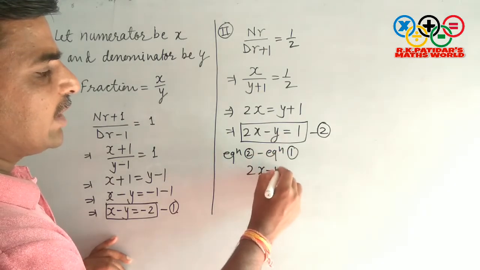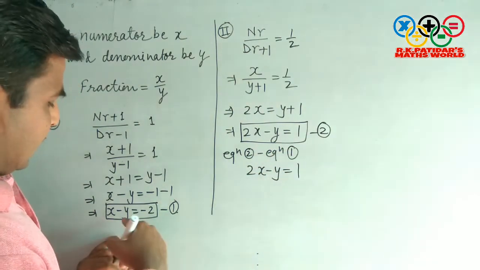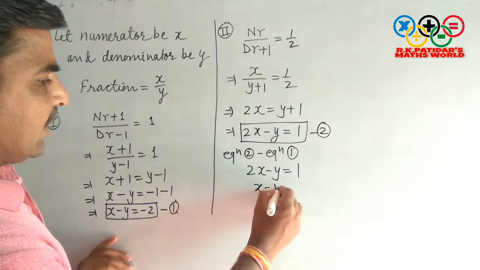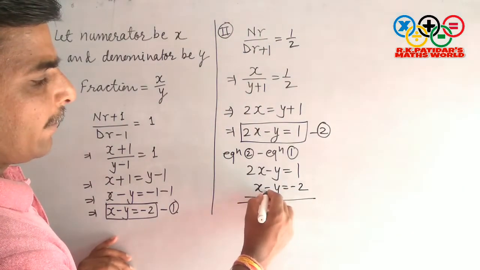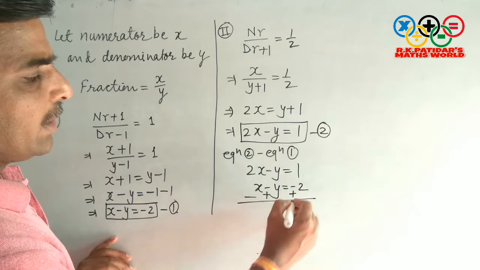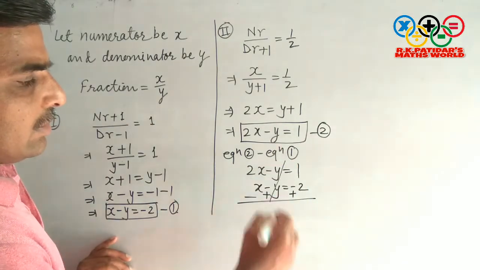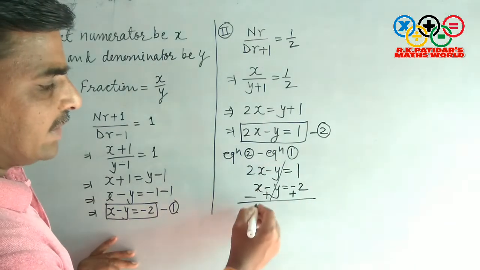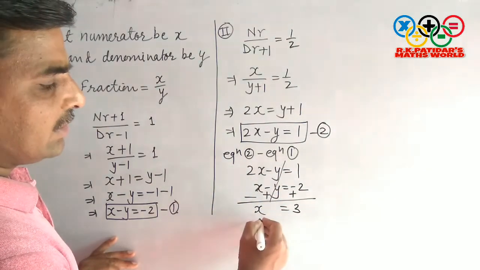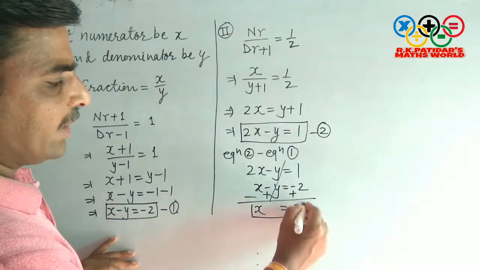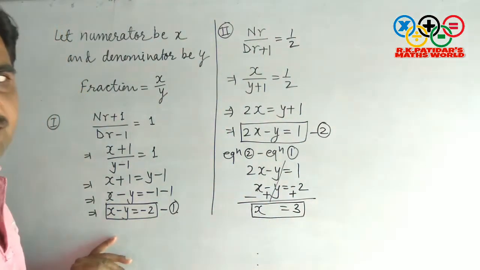Equation 2 is 2x minus y is equal to 1, and equation 1 is x minus y is equal to minus 2. Minus plus plus. y cancels. 2x minus x is x, and 1 plus 2 is 3. So in this way we get the value of x is equal to 3.